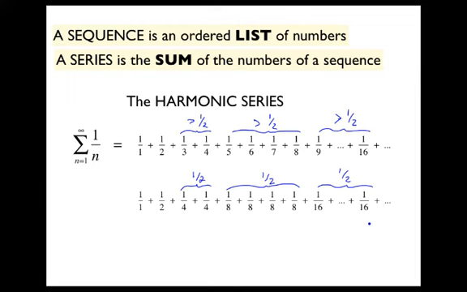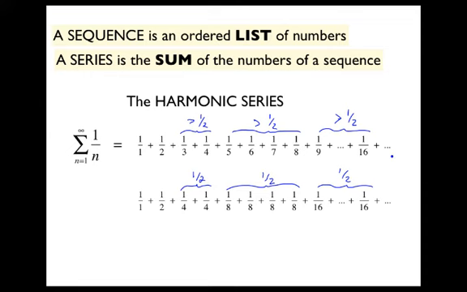You see what's happening? I can always get another set of values that are greater than 1/2. I just need to take twice as many as I took before, but I'll never run out because it's an infinite series. If I take the next 16 terms, the sum of those will be greater than 1/2. And then the next 32 terms, greater than 1/2. And then the next 64 terms, greater than 1/2.